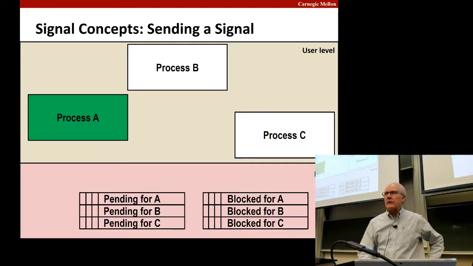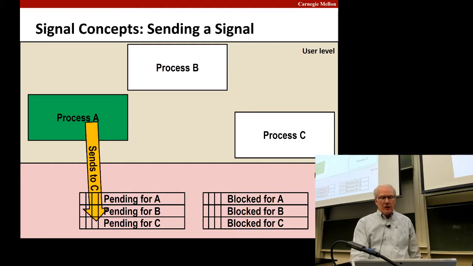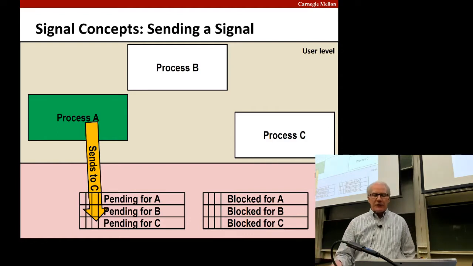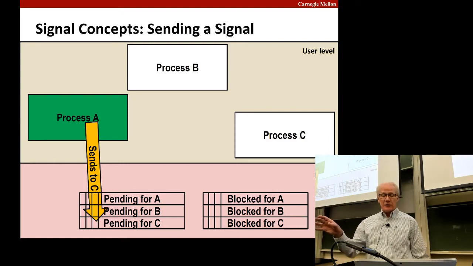So just to show this idea, it gets pretty involved here with some notation and conventions. But if a process A wants to send some type of signal to C, this is actually done by the operating system. But so the process A says, send a signal of this type to process C by using the function called kill.